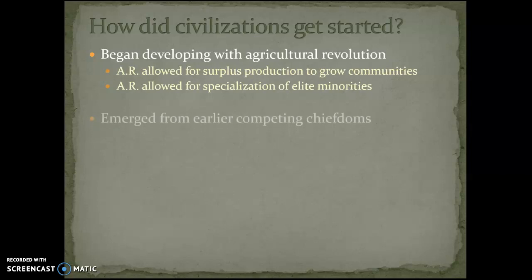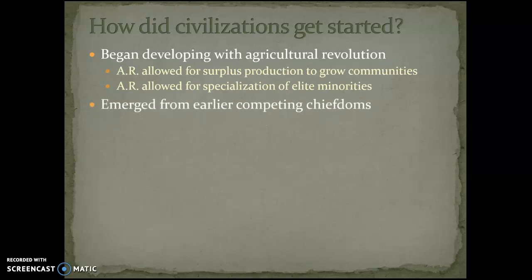We know to that point with a ruling class that civilizations tended to emerge out of chiefdoms. Agricultural village societies were way too hold hands and sing kumbaya and everybody love each other. It didn't have that sort of grow and conquer and build that chiefdoms did.